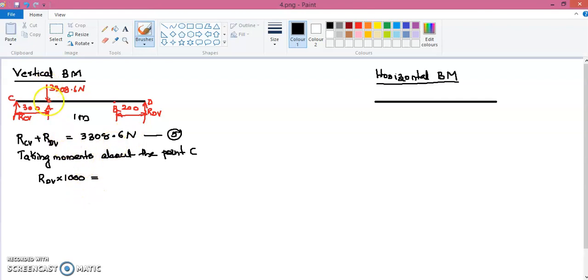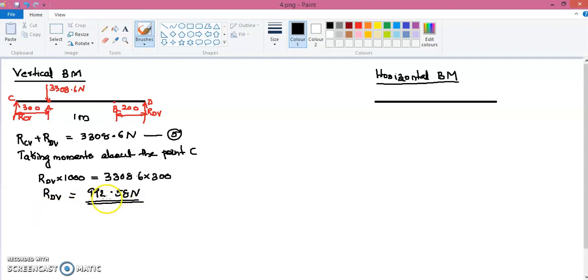This one is acting in the downward direction, so the moment produced by this is equal to 3308.6 into 300 millimeters. Now we can calculate this value RDV. We are getting this value RDV as 992.58 Newton. That is the vertical reaction acting at the point D.